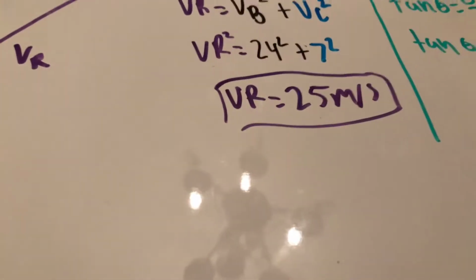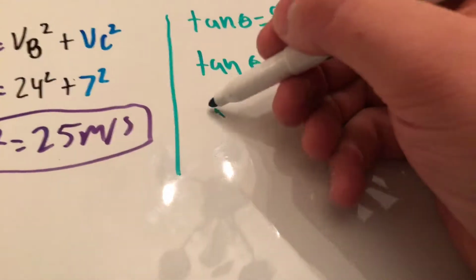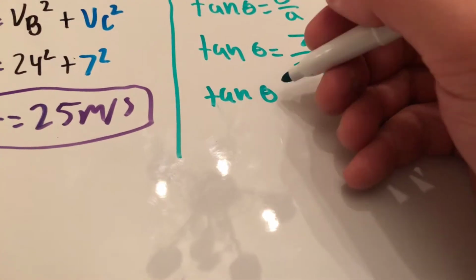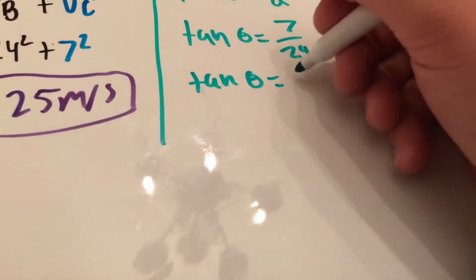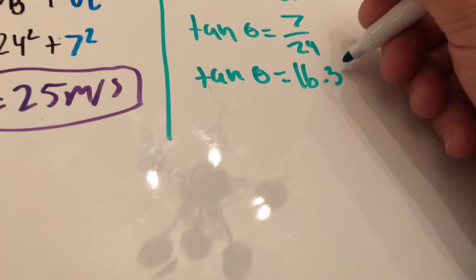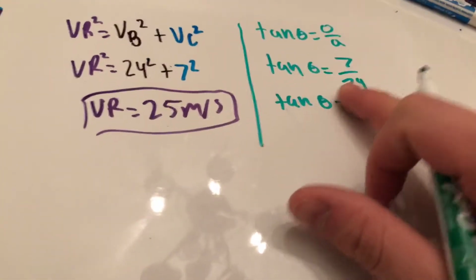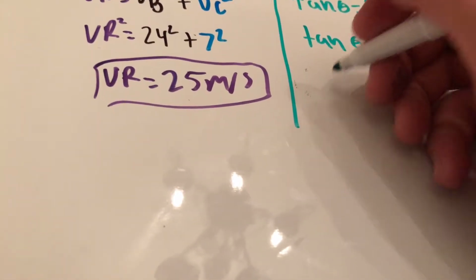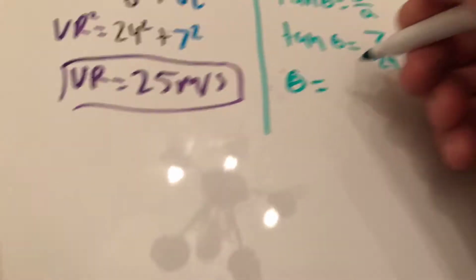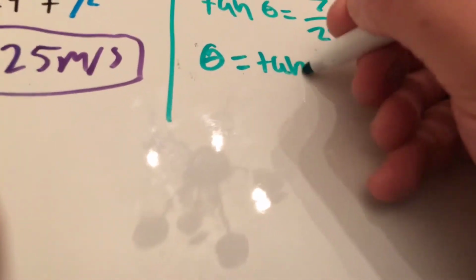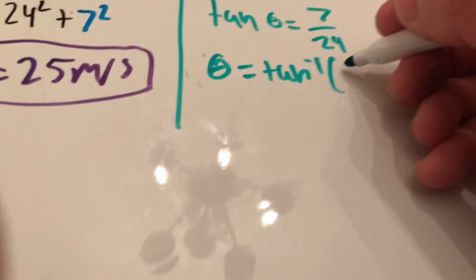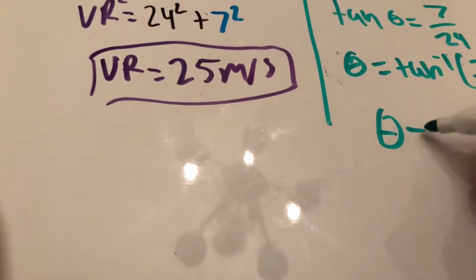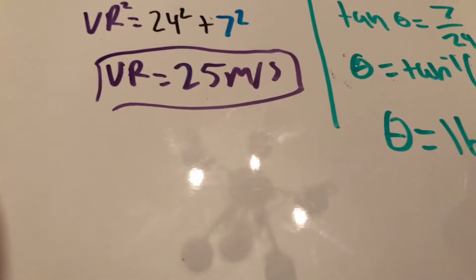So theta is equal to tangent inverse of 7 over 24. That'll give you an angle, and that angle comes out to be 16.3 degrees.